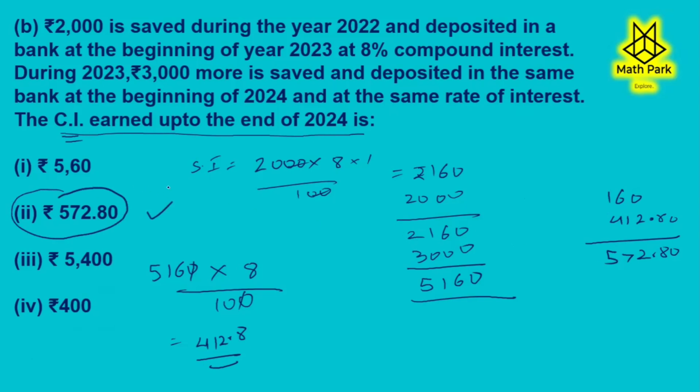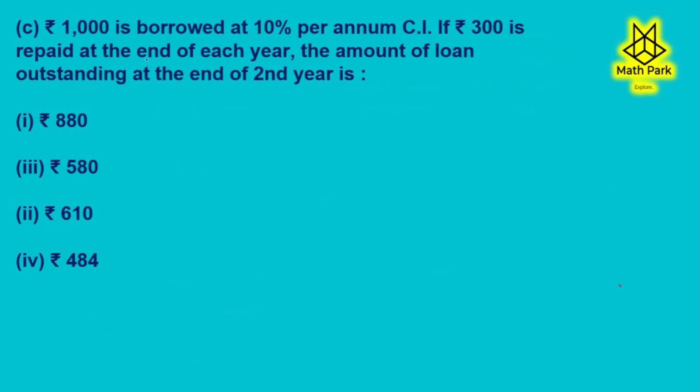Got it? C part, rupees 1000 is borrowed at 10% per annum CI. If 300 is paid at the end of each year, the amount of loan outstanding at the end of the second year is. Okay, 1000 is borrowed at 10% per annum. So for the first year, you get 1000 into rate of interest 10% into 1 upon 100, which we get as rupees 100 is the interest.